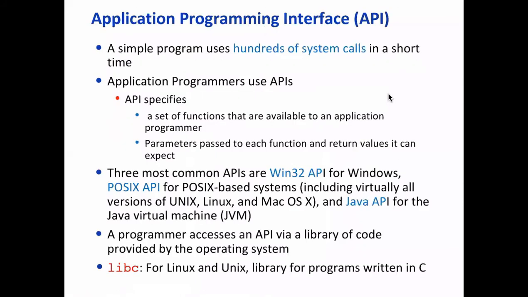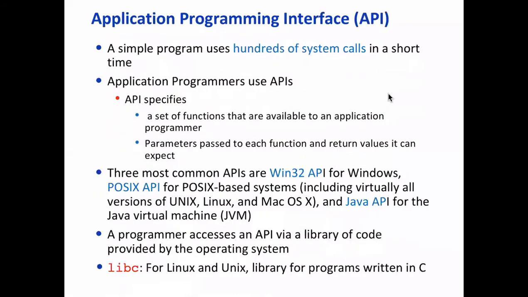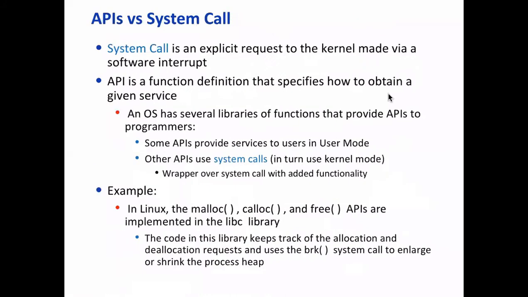This is the same thing that we have discussed earlier. In fact, this slide should have been a little earlier. A system call is nothing but an explicit request to the kernel made via software interrupt.